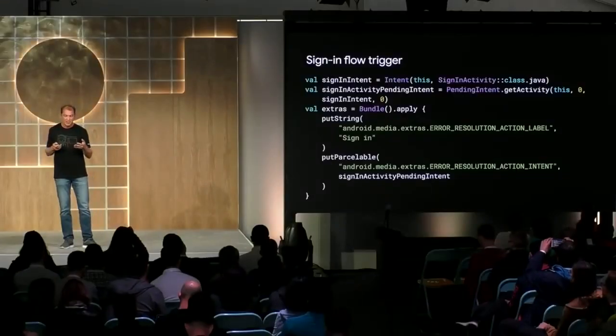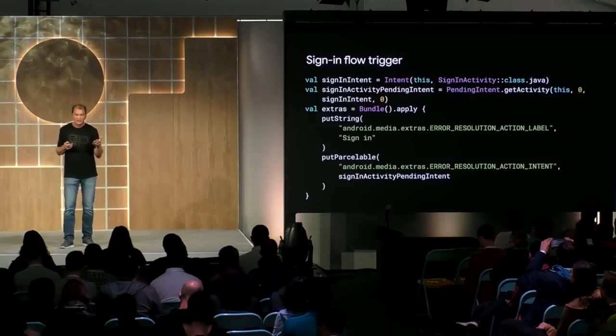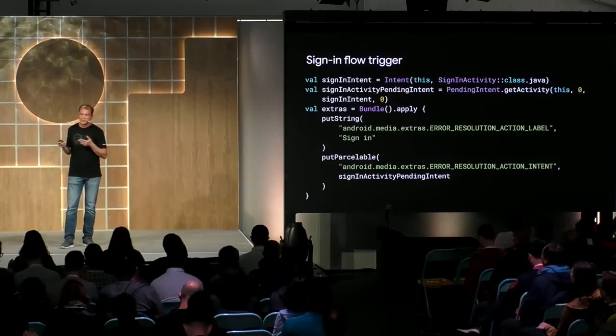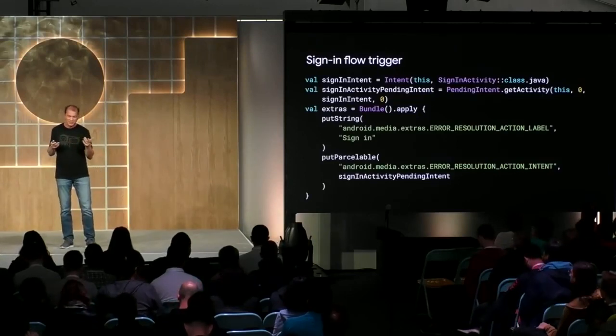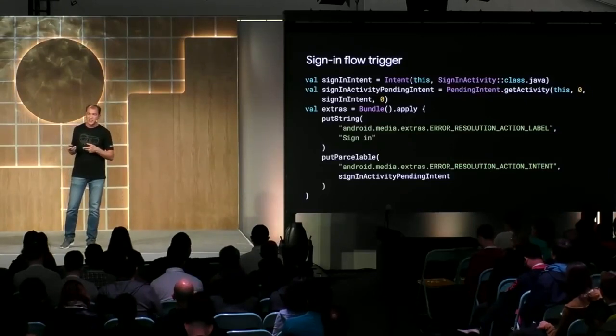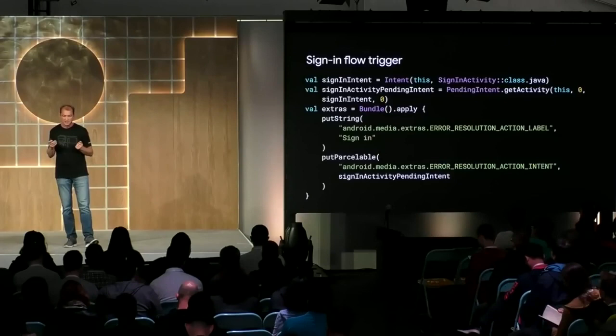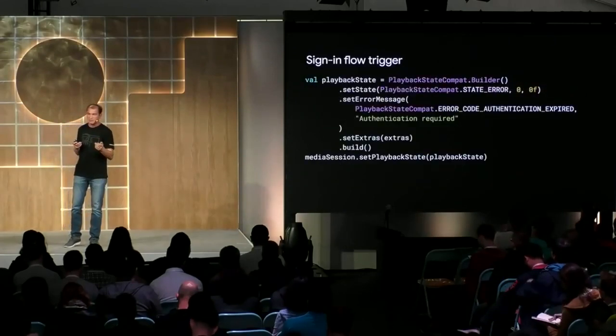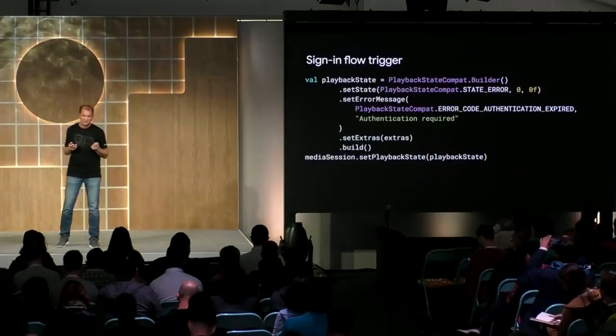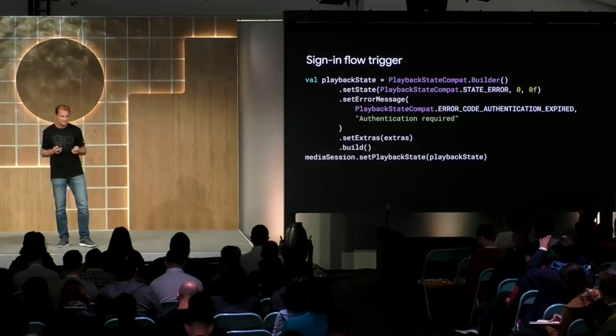And the way you do it, you will set an error state on media session, and you set specific extra with a resolution intent to take you to a sign-in activity. So you set extra, and you set a playback session into the error state, saying authentication required.